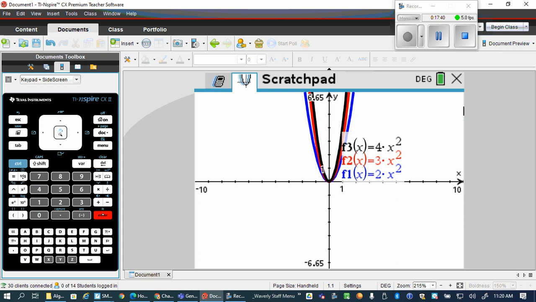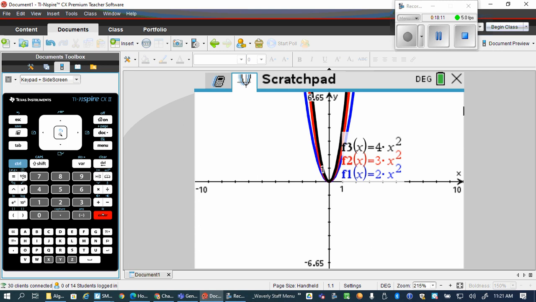So your first 3, does it look kind of like what I have up there? What did you notice as you went from 2x squared to 3x squared to 4x squared? Different how? Narrower? Yeah. It's skinnier, doesn't it? Or think about your table of values for x squared. Everybody stop what you're doing real quick.